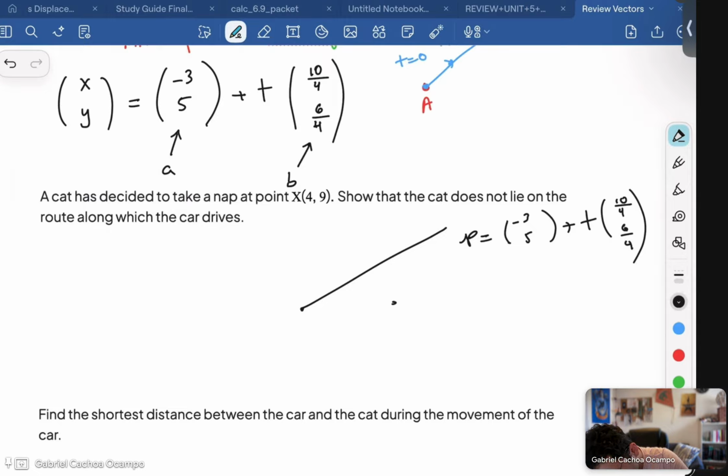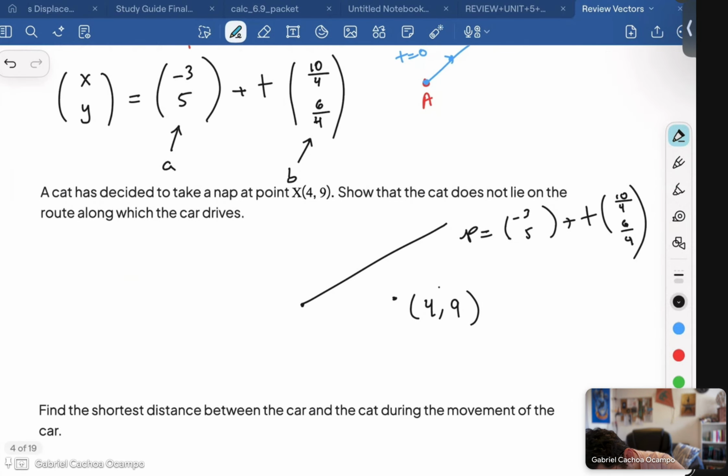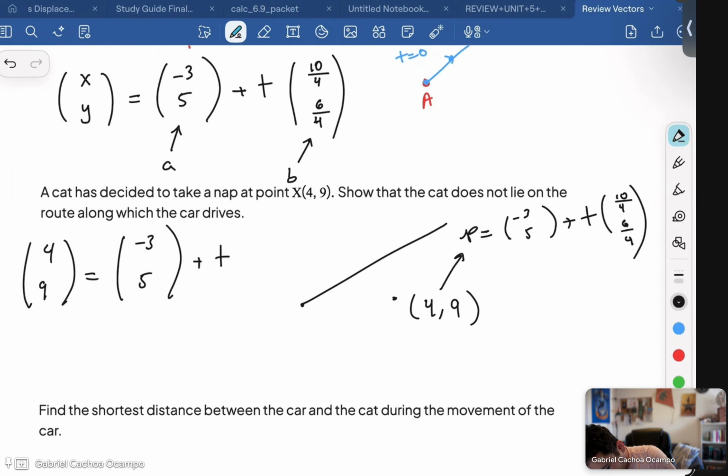And then I have a point 4, 9. I want to check if this point belongs to this line or not. How do I check it? Well, I need to see if I can plug in these coordinates as P. I write the point as a vector, 4, 9, and this equation, negative 3, 5, plus t, 10 over 4, 6 over 4.